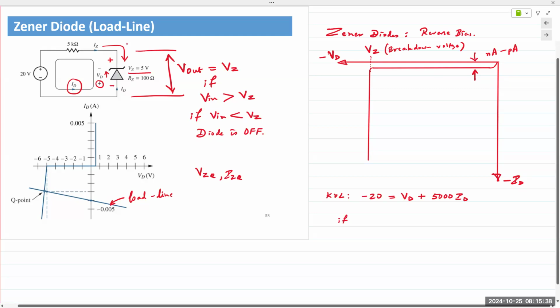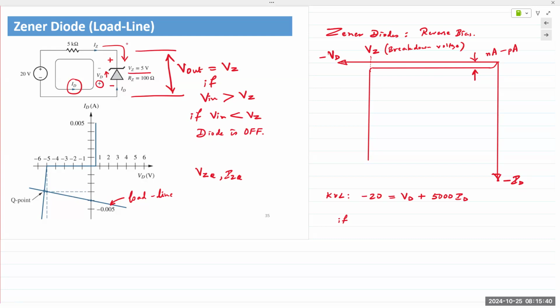Remember that first analysis we performed, it's exactly the same. Simply write a KVL around the loop, and you'd have two unknown variables in there, VD and ID, the diode voltage and the diode current.